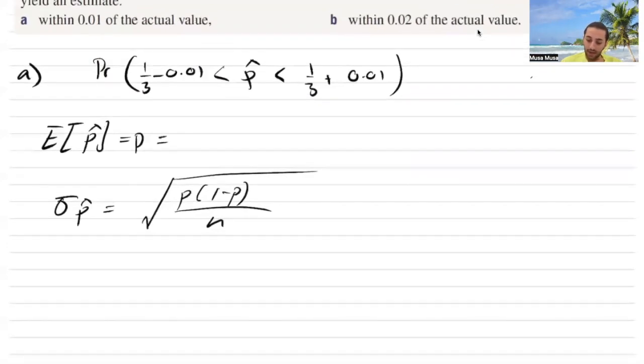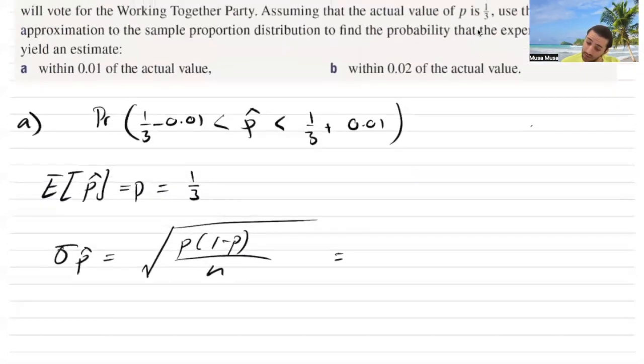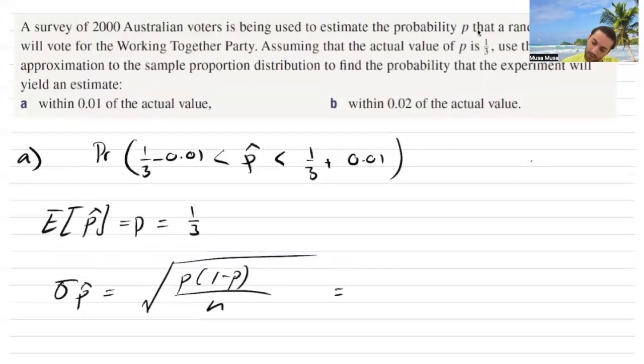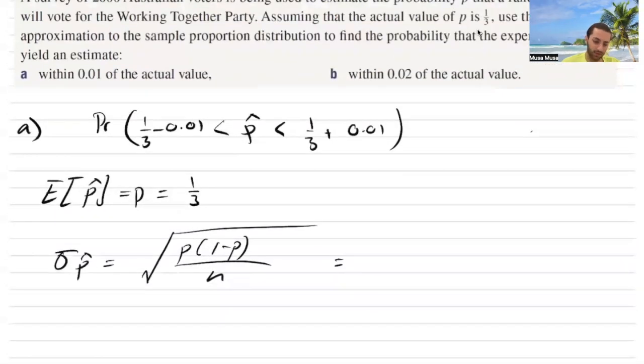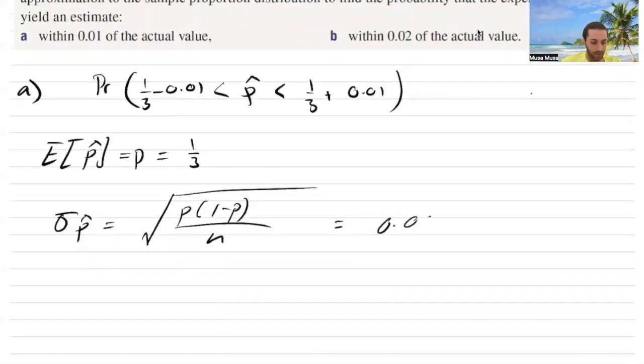Anyway, the P is a third, and the standard deviation is, what is this? A third times 2/3 over how many people? 2,000. So this is 0.010541.